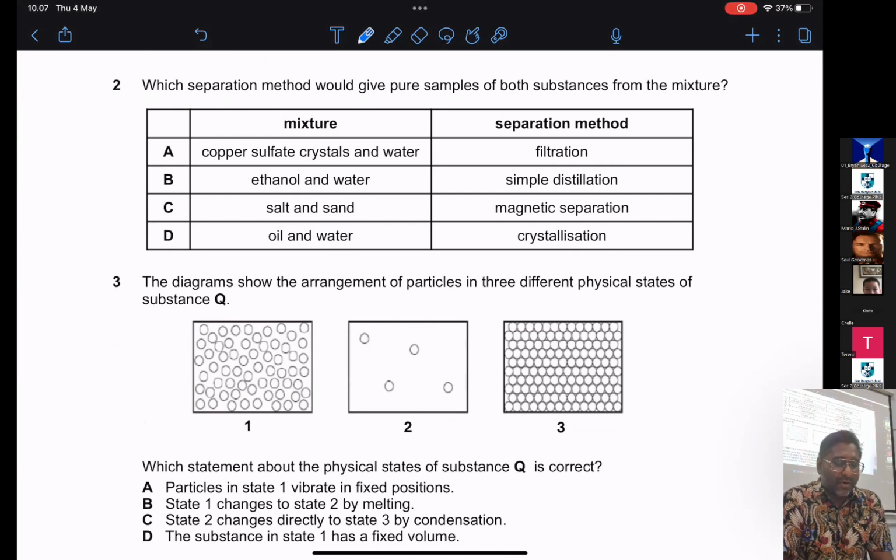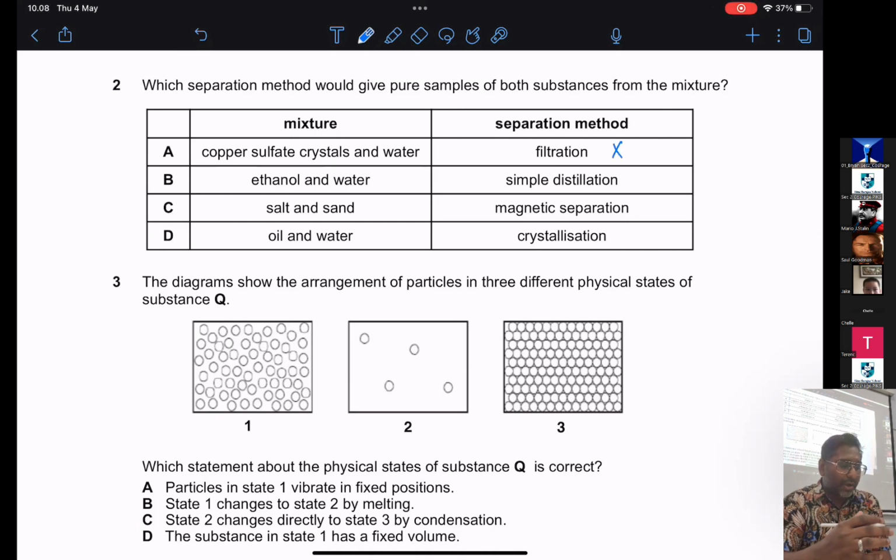Copper sulfate crystal, when you add water, they will dissolve. Copper sulfate is a blue crystal. When you add water, they will dissolve to give you a blue solution. So you cannot do filtration. You cannot use this method.